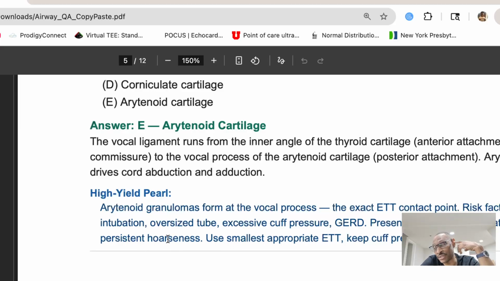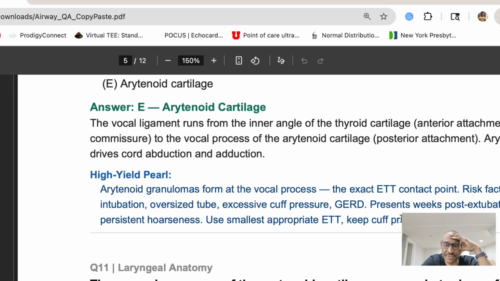So patients say, oh, I was intubated for so long, my voice really changed. You really have to start thinking about arytenoid granulomas. For these patients, a smaller ET tube would be the best technique, and also keeping cuff pressure less than 30 centimeters of water.